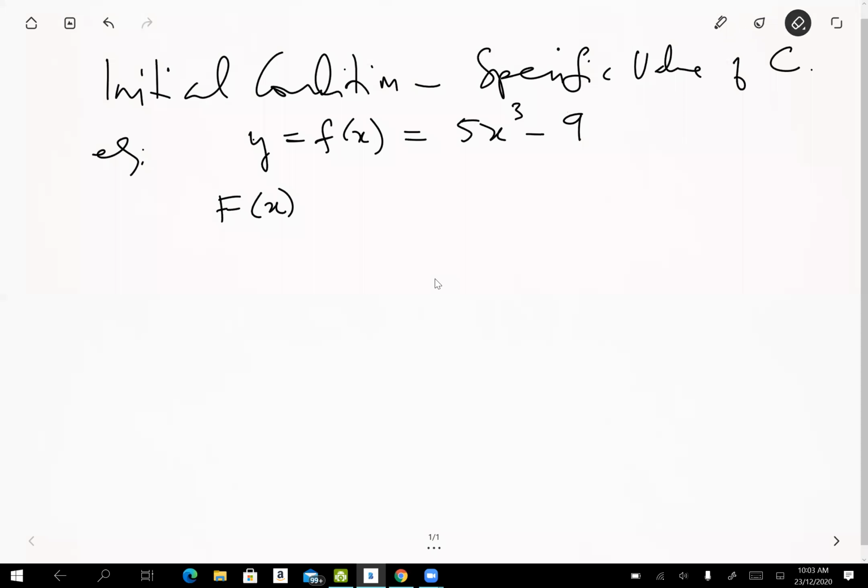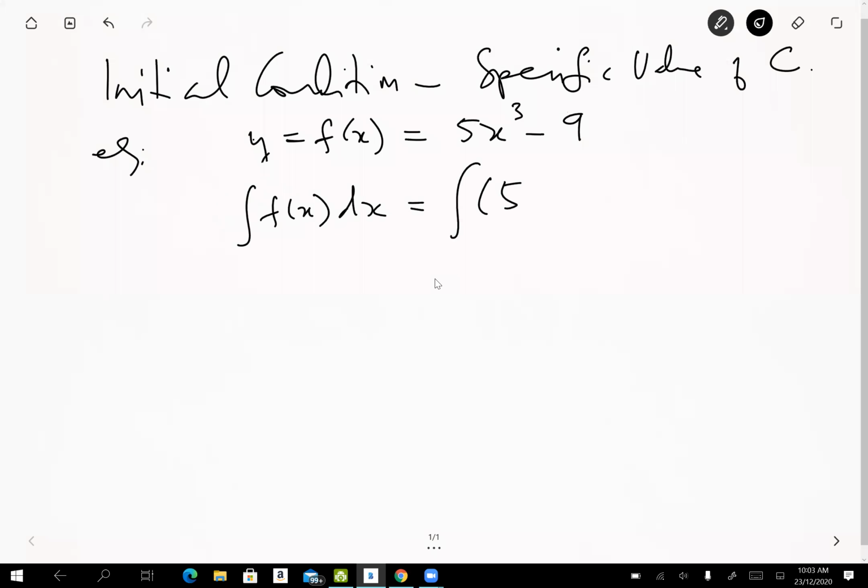You normally integrate f of x, so what we get is the integral of 5x cubed minus 9 dx. Integrate that, you will get a C.